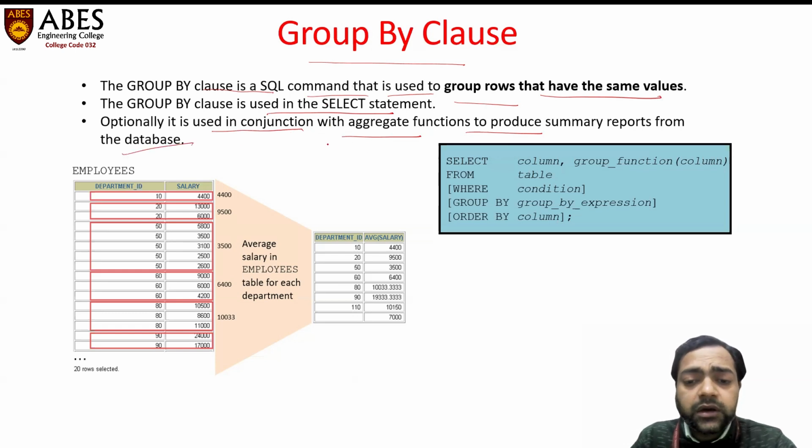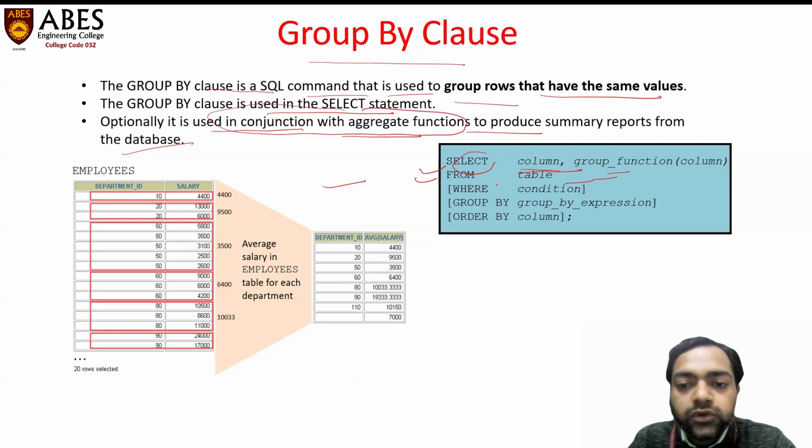Let us first understand the syntax of this group by clause. First of all, we need to write select, and after that we need to mention the column list we need to return, and the group function or aggregate function which we need to perform, right? As you can see, group by clause is used in conjunction with aggregate functions. While using group by clause, we can take a column, and this column must be the same one onto which you are performing group by, right?